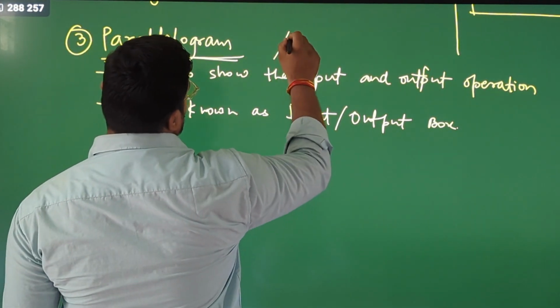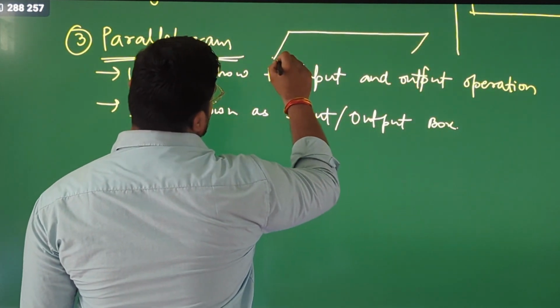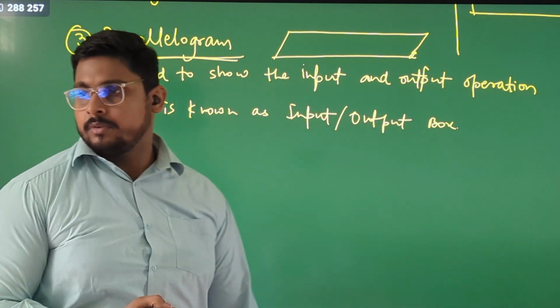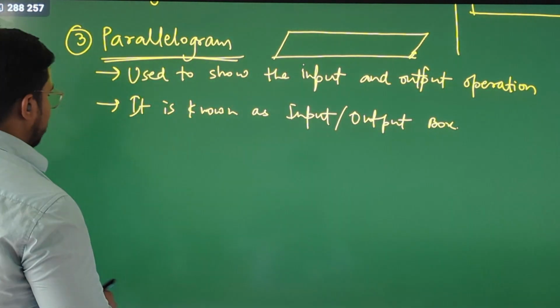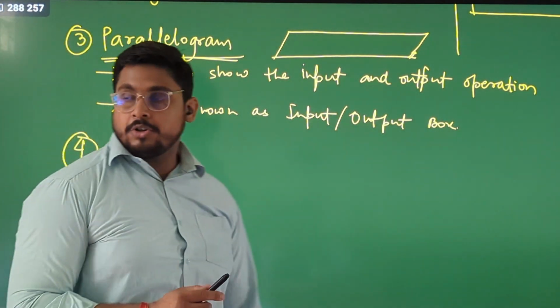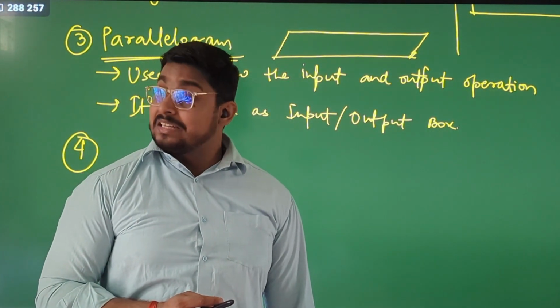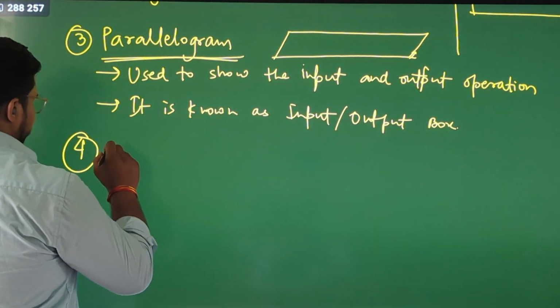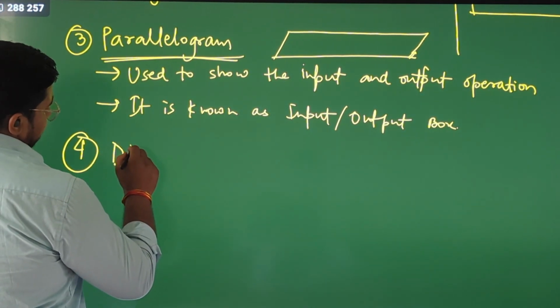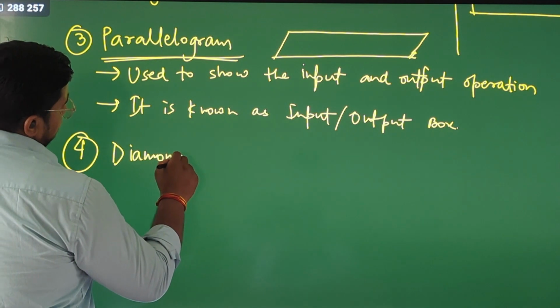You know about a parallelogram? It is like this. Yes or no? This is the shape of it. Next, the fourth point. Another box, the diamond box. The shape of the box is diamond.